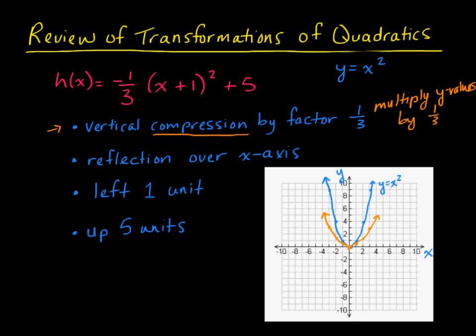Next, we want to do a reflection over the x-axis. The point on the origin, because it's on the x-axis, is going to remain invariant. So again, it will not move after this transformation. But all the other points, a reflection over the x-axis indicates that the y values are going to change sign. So any y value that's positive is now going to be negative.